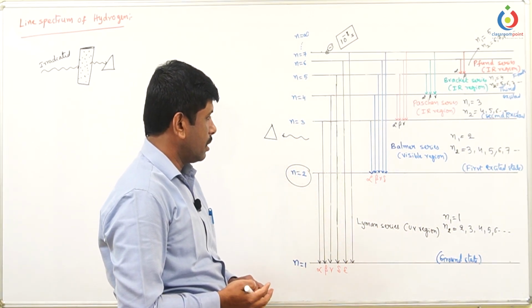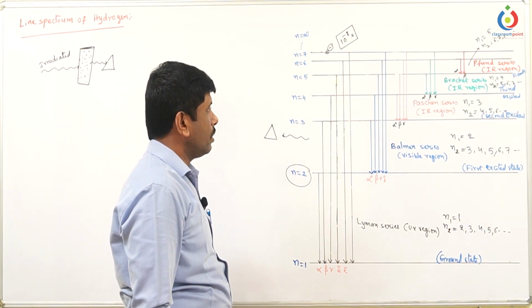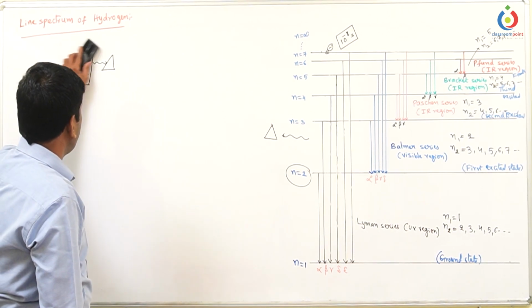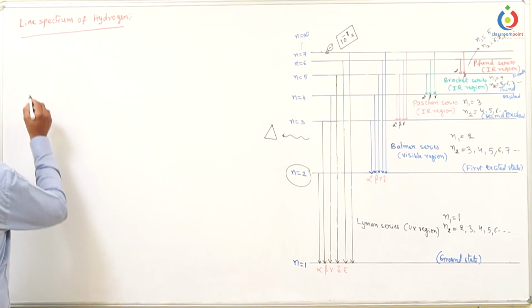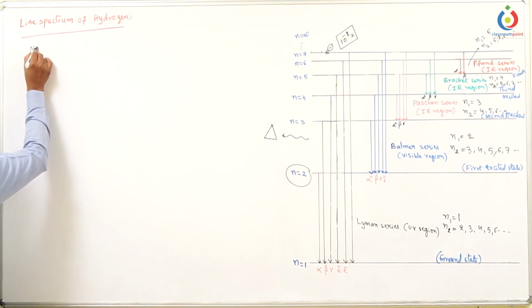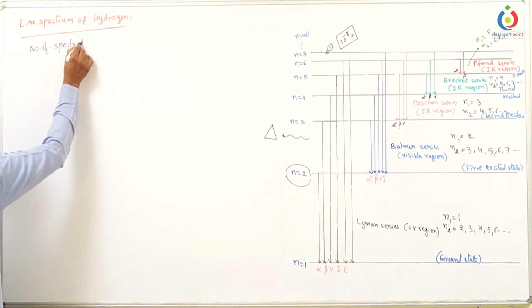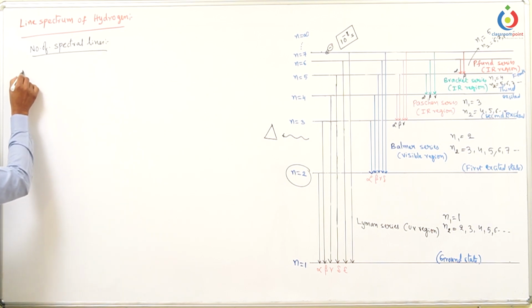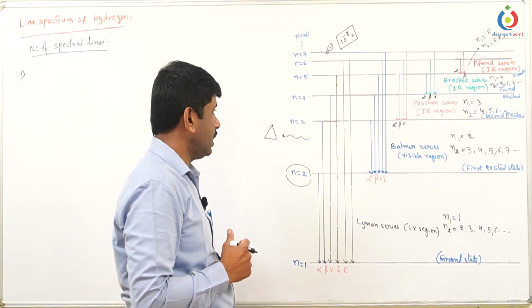Now let us discuss how many spectral lines are observed in the hydrogen spectrum and how to calculate the number of spectral lines. The calculation depends on where the electron is de-excited.